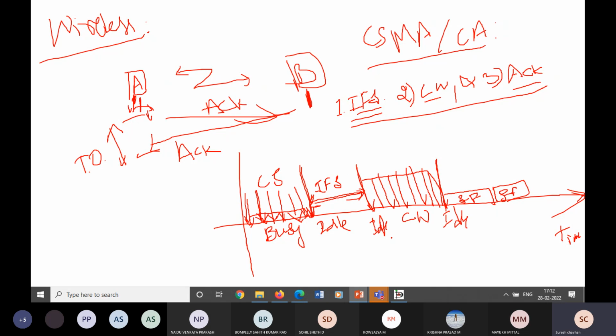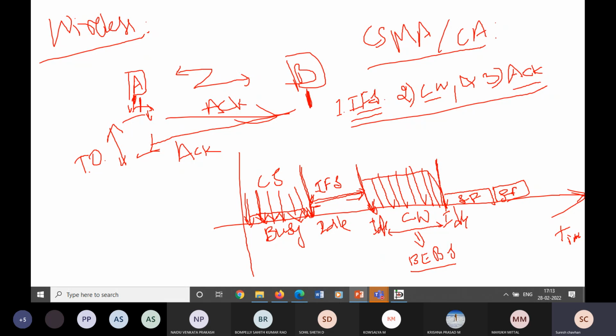After this time period, it will again sense the medium, and if it finds it idle, it will wait for this amount of time, which we call the contention window. This contention window is calculated using the binary exponential backoff strategy, BEBS.